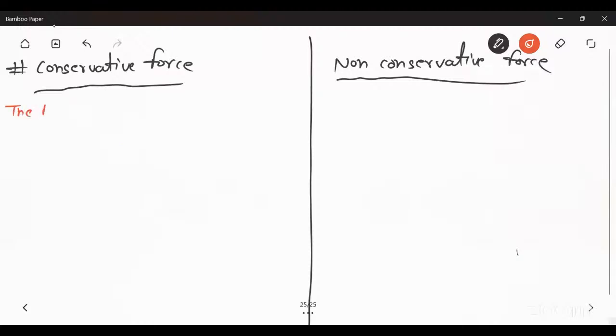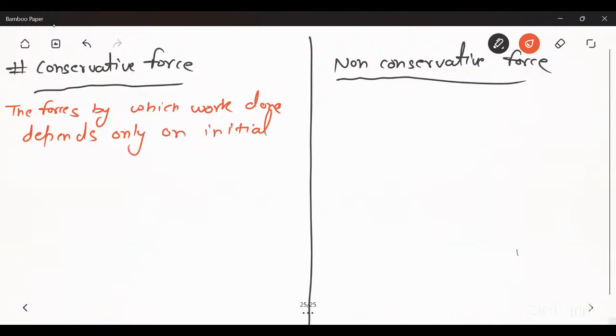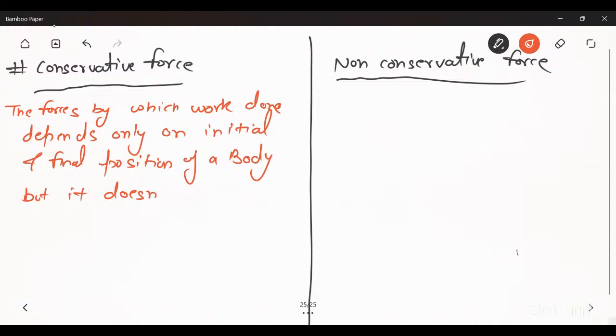The force by which work done depends only on the initial and final position of a body, but does not depend on the path.